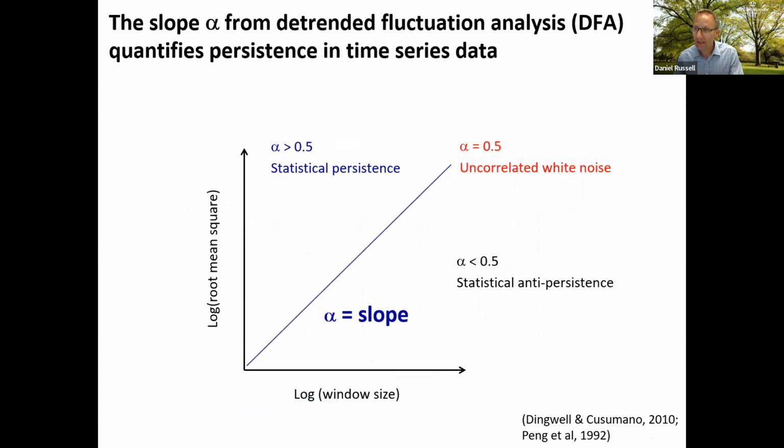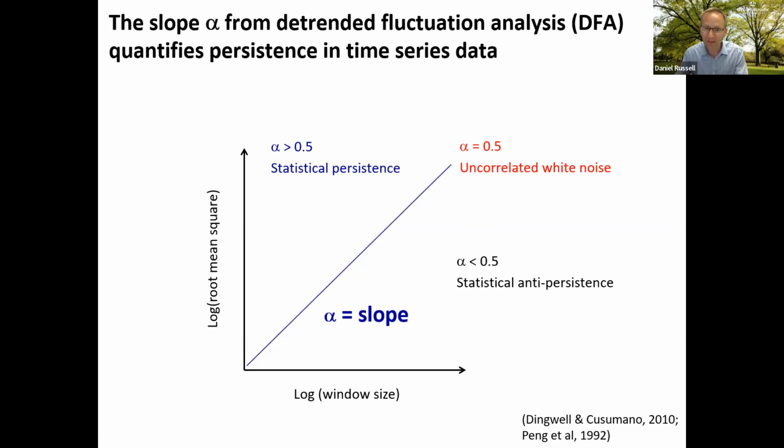When you do that, you plot on the x-axis the logarithm of the window size against the logarithm of the root mean square fluctuations. You get data to which you can calculate a slope, and that's called alpha. That's the property you're getting.